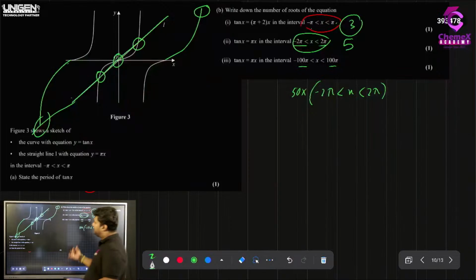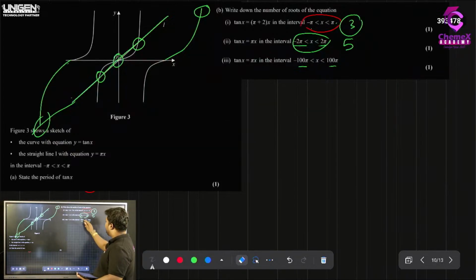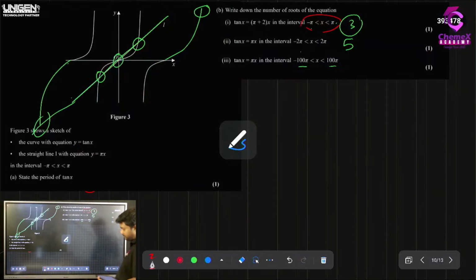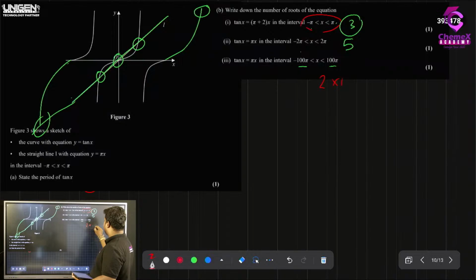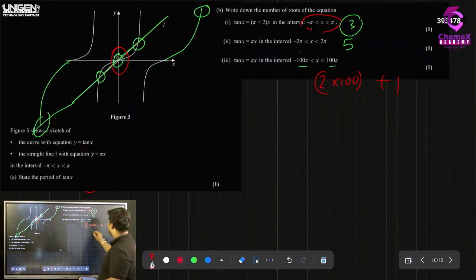But after that it's always going to be 2 getting added. So anything above 2 pi is just 2 being added. So how much is it going to be? 2 times 100 plus 1. What is that 1? This. So how much is it?